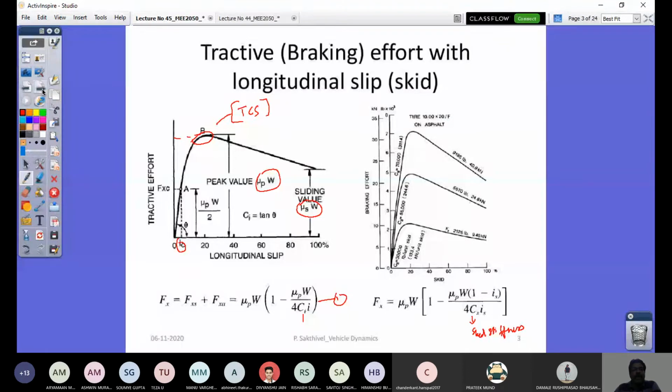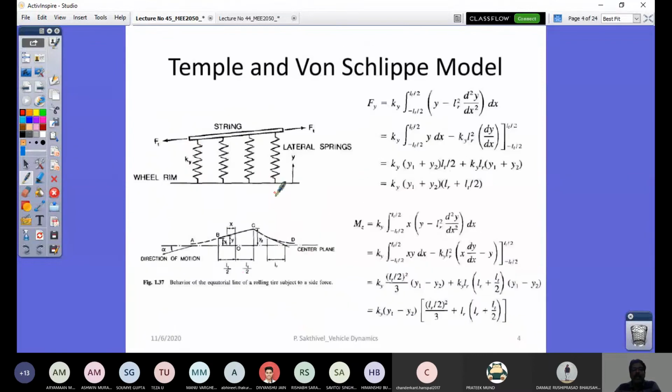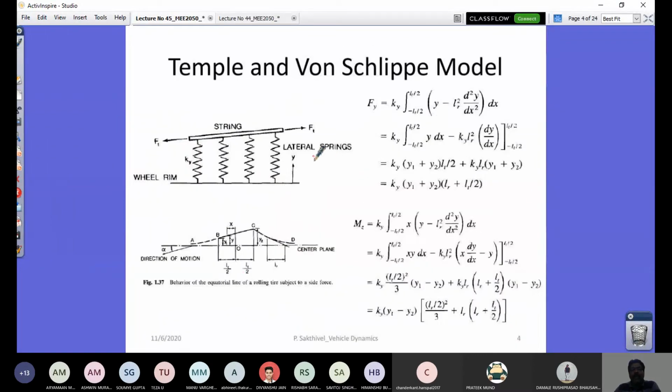And again, let us look at why I say this, so that we will now, in an analogous way, look at pure cornering. And this is what we have done in the last class, the structure string model. And this string is an equatorial line part which is in the contact patch BC, and we define this alpha as the slip angle here, and this contact patch length, the element at the distance X and Y, this point all.